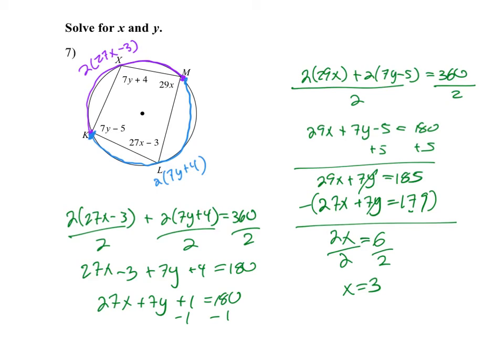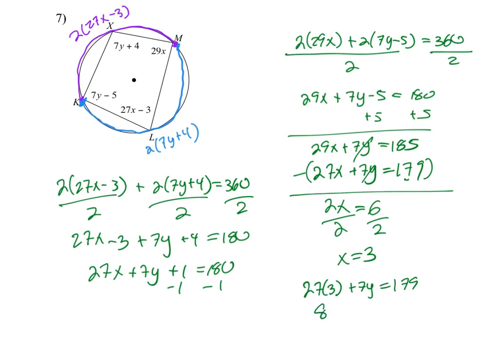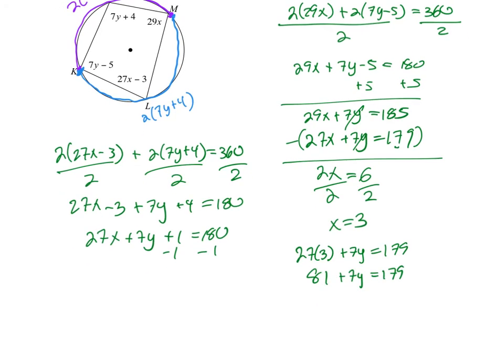So I'm going to use the second one. So 27 times 3 plus 7y equals 179. So 81 plus 7y equals 179, minus 81. The 7y equals 98, and divided by 7, y equals 14.